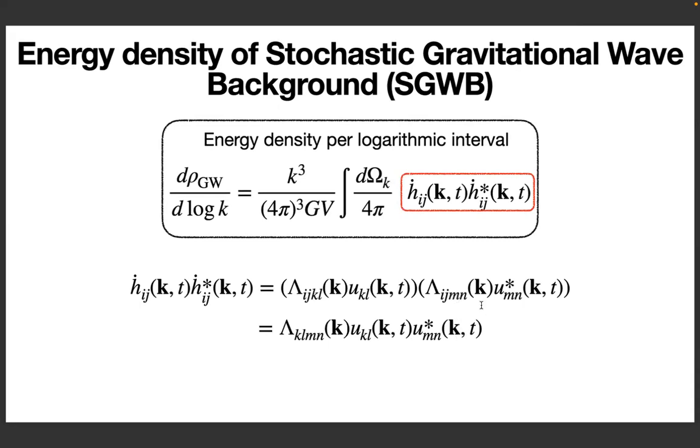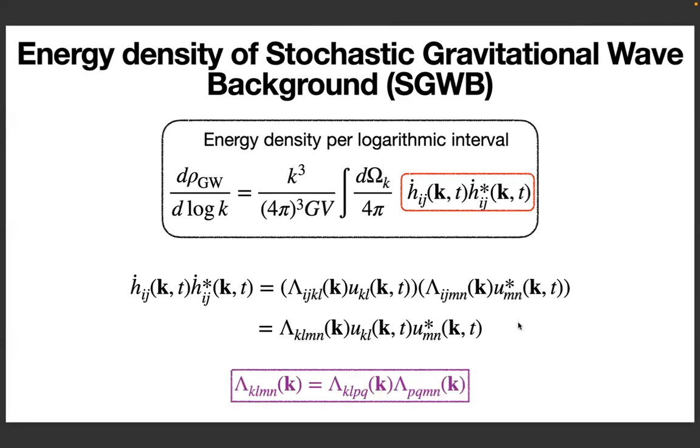Here I am using a property of these projectors lambda, which is that they are idempotent, which means that if I apply the projector 2 times, it remains the same because it's a projector. That's a property of a projector. Here is the property.